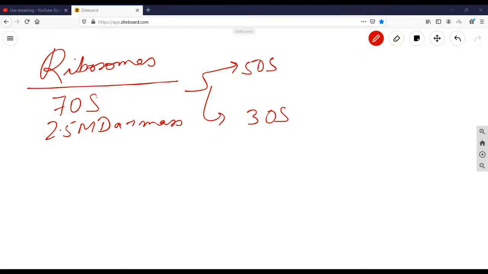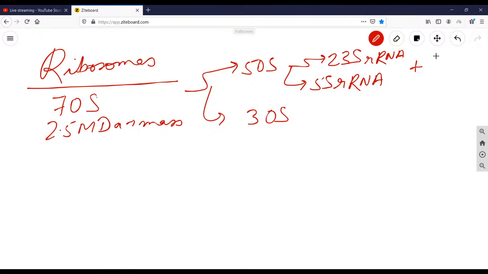right? Now the 50S subunit contains 23S rRNA and 5S rRNA. And it is also made up of 31 proteins or R proteins, because of ribosomal associated proteins, okay, plus 31 R proteins.